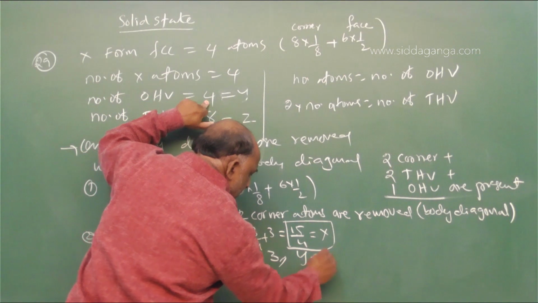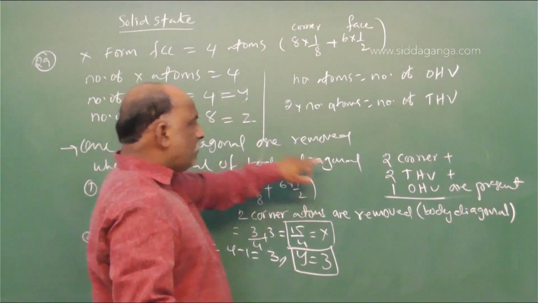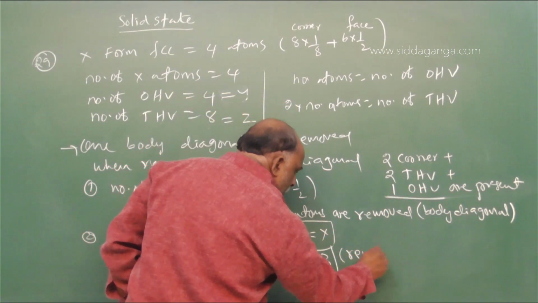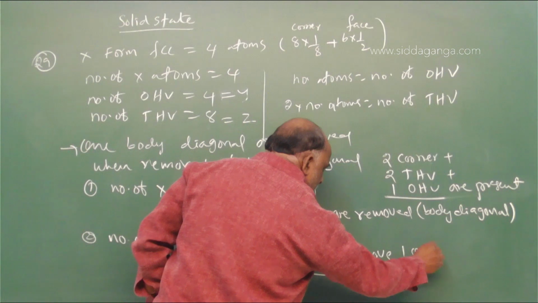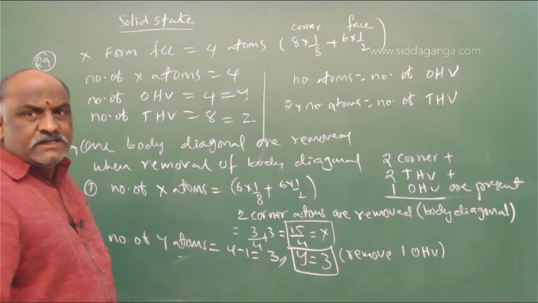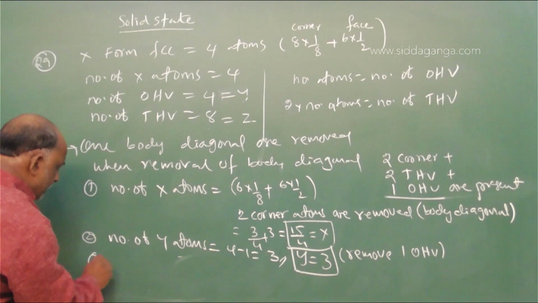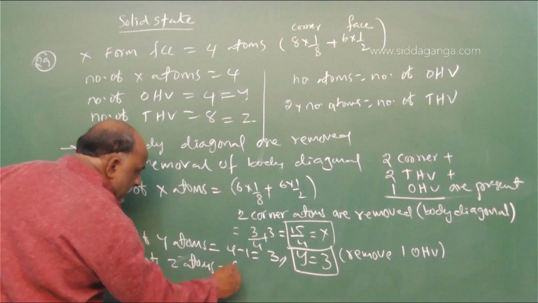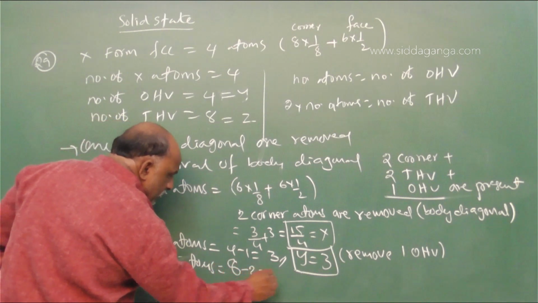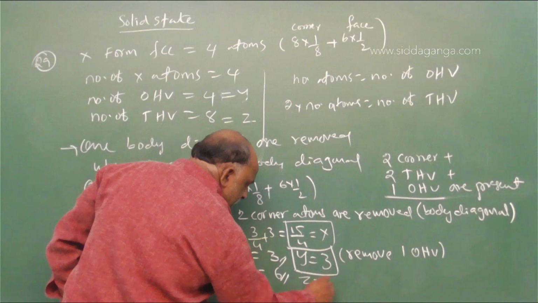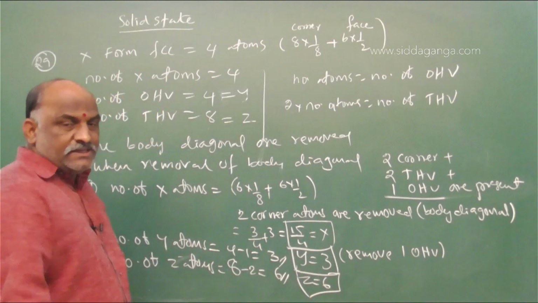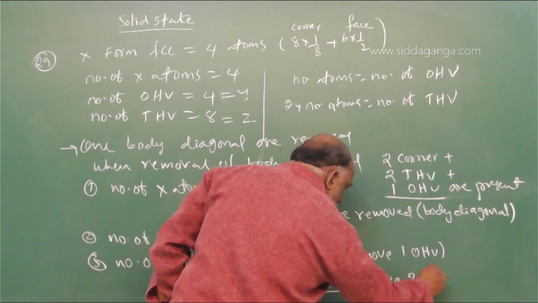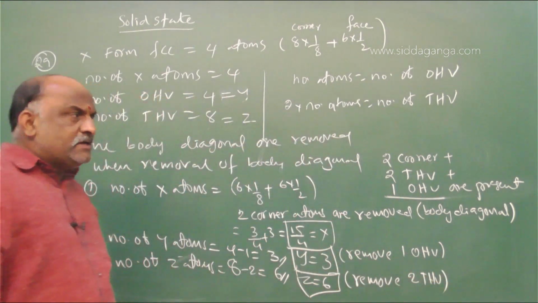So Y is equal to 3, because one octahedral void is present on the body diagonal and it is removed. And the last one, number of Z atoms, is 8 minus 2 is equal to 6. Z is equal to 6. Why? Because two tetrahedral voids are removed.